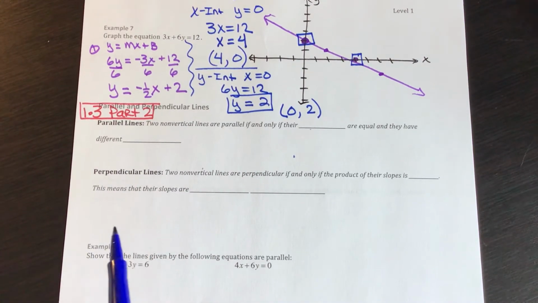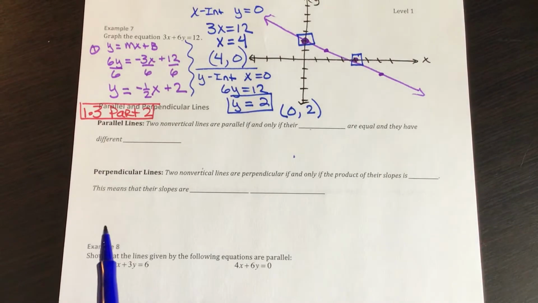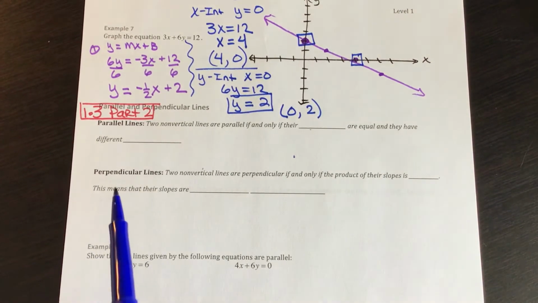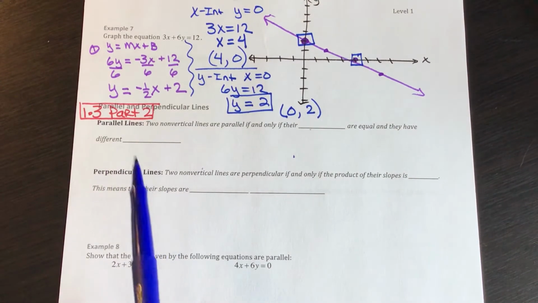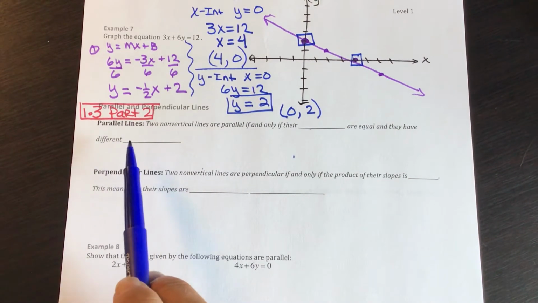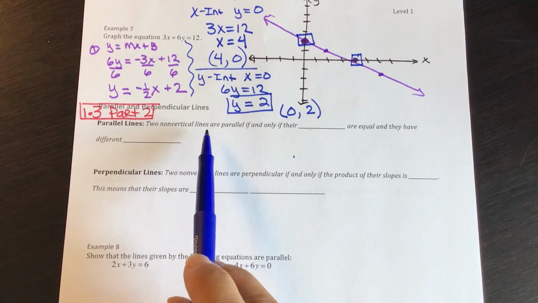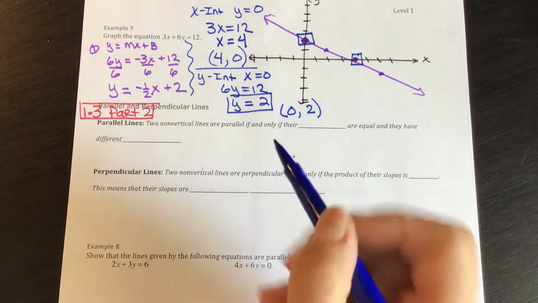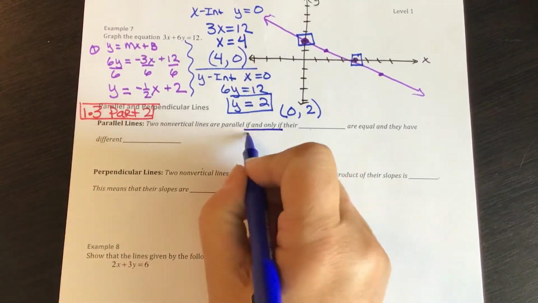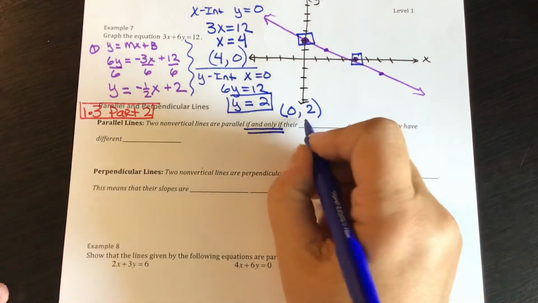In the second part of lesson 1.3, we're going to talk specifically about the equations of lines that are parallel and perpendicular to each other. So first off, parallel lines are defined as two non-vertical lines, and they are parallel if and only if their slopes are equal.